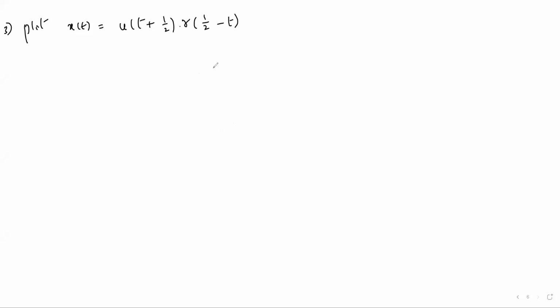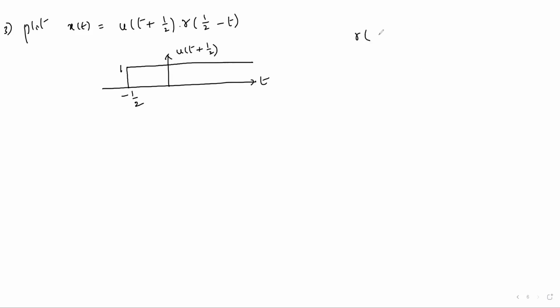I will plot the signal just to verify the answer. First, u of t left shifted by half. This is the signal u of t plus 1 by 2.